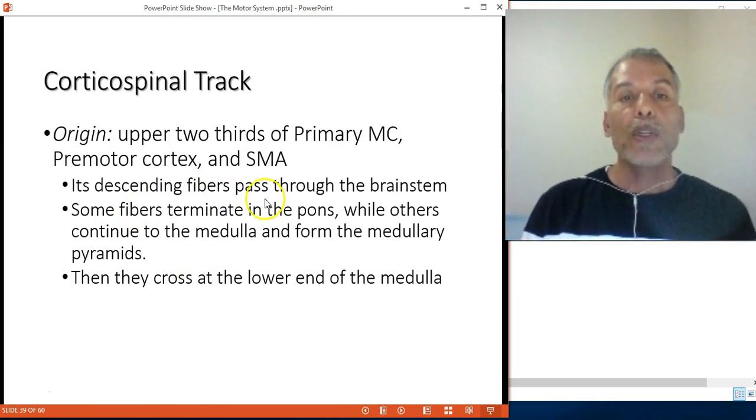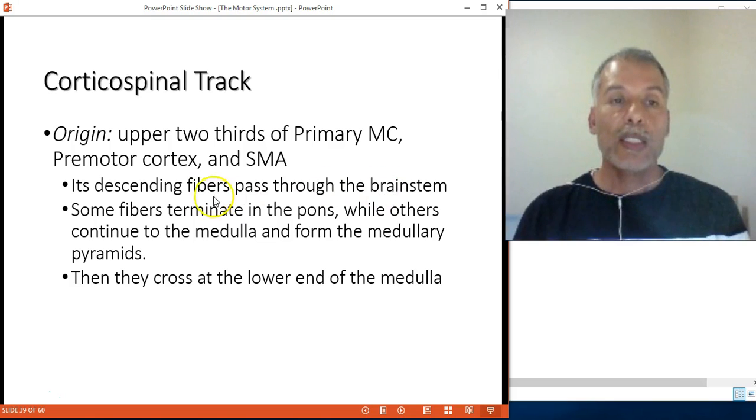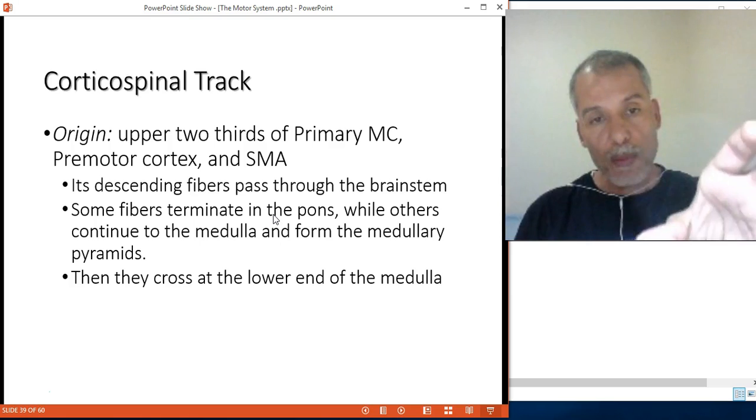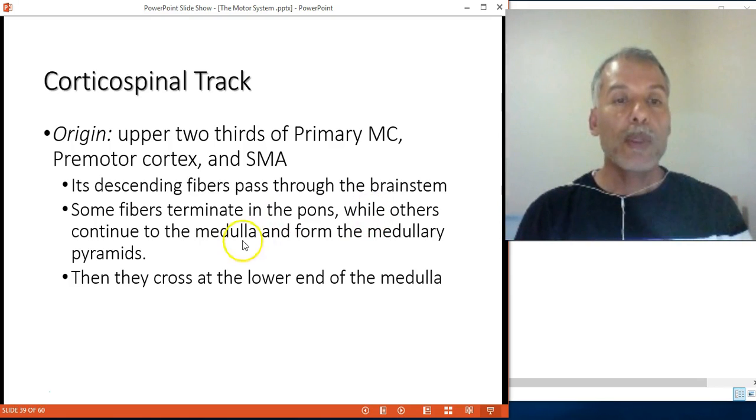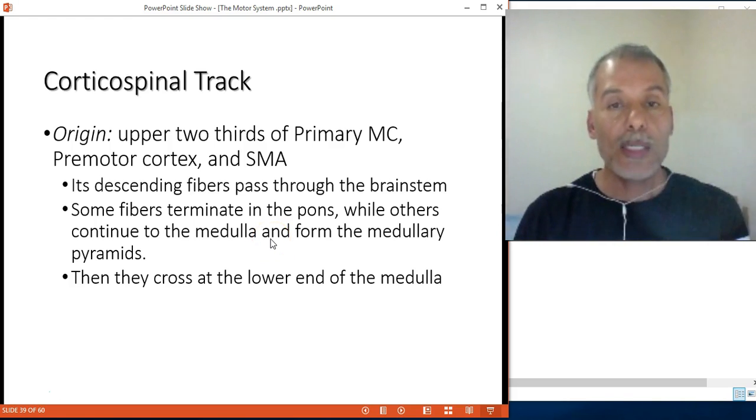So the descending fibers from the corticospinal tract pass through the brainstem. Some fibers terminate in the pons. They go to the pons and stop right there. Some other fibers continue to the medulla and form what we know as the medullary pyramids.